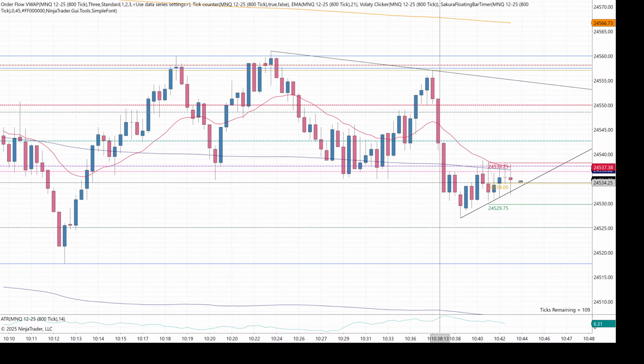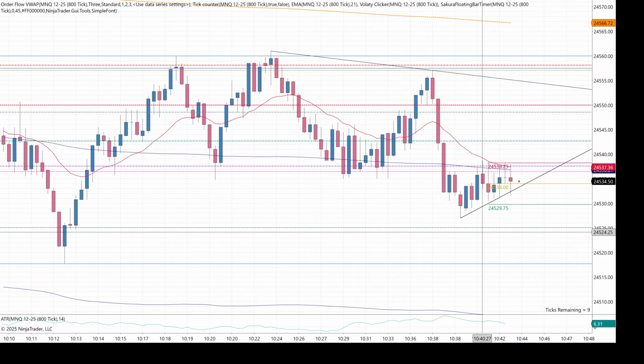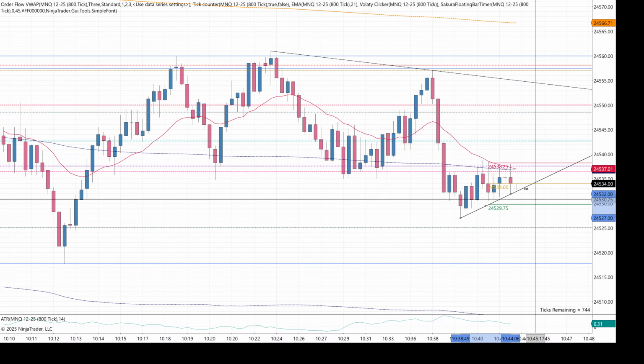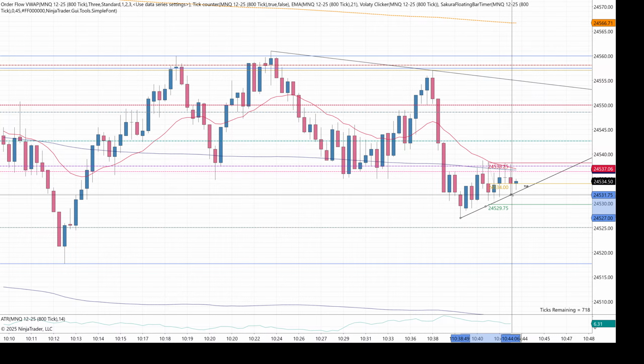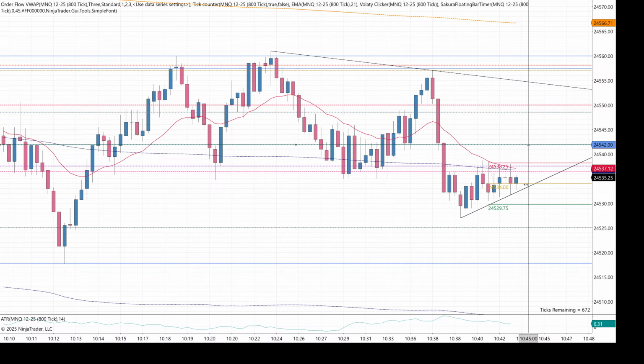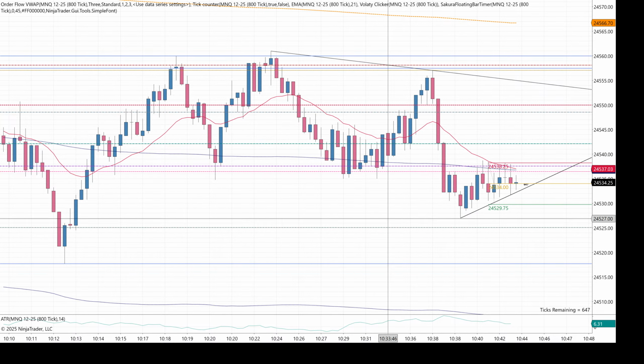But this is not really good price action. Like, what is this? You know, it's back and forth. Moves down to 42. Okay.